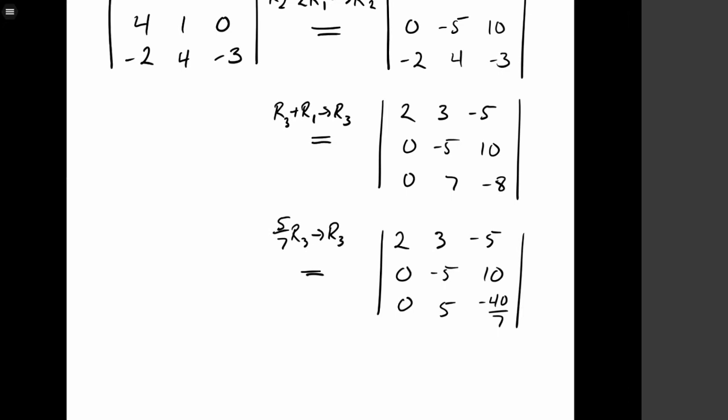Now remember, when we multiply a row by a constant, we multiply the determinant by that constant. But we don't want to change the actual determinant that we have, so we have to undo that change. So if we're multiplying a row by 5/7, we have to put a 7/5 out here so that we don't alter the original determinant.